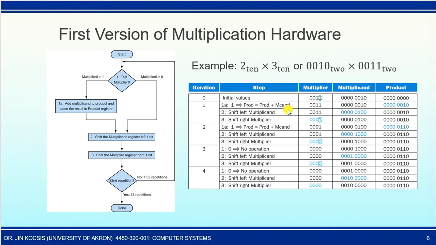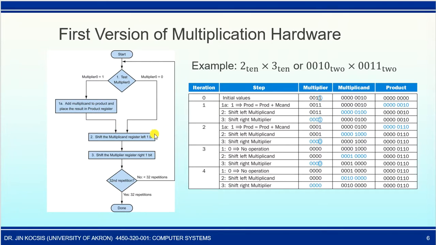And if you go back to this example, okay? Let's just repeat this algorithm one more time, and then we'll go back to this example. So basically, I always look at the least significant bit of the multiplier. If it's a 0, I do nothing. If it's 1, I will do the addition between the product and the multiplicand.